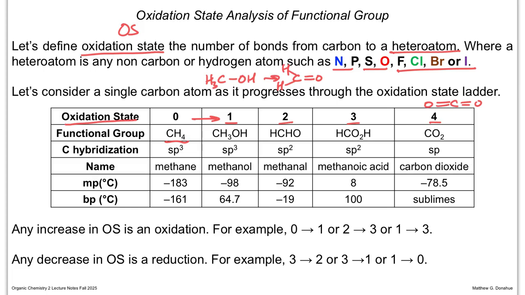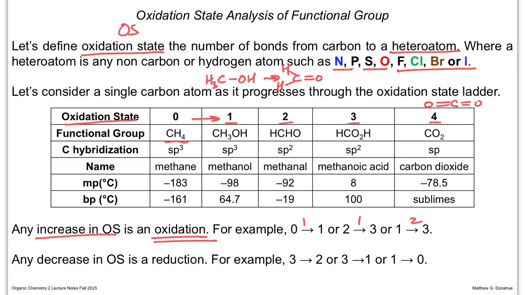The oxidation state is a way to categorize reactions that we learn. So from starting material to product, is that oxidation state number increasing? So an increase in oxidation state, that's called an oxidation. Notice in these examples, I'm going to write a number above the arrow. So 0 to 1, 2 to 3, 1 to 3.